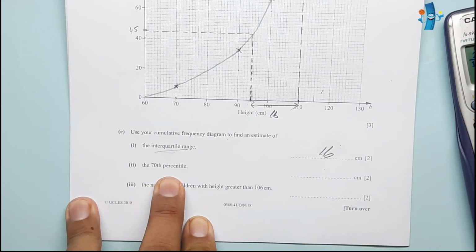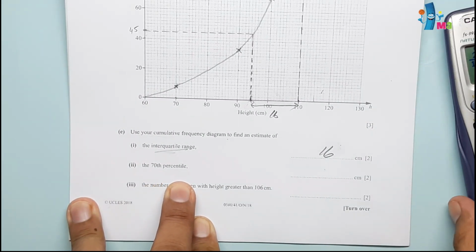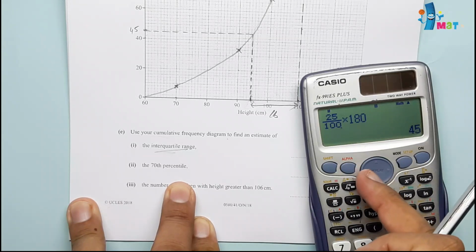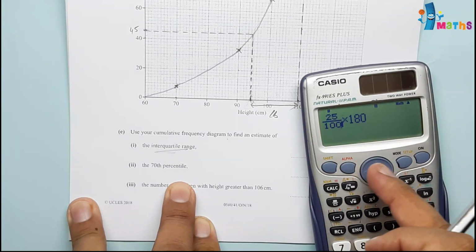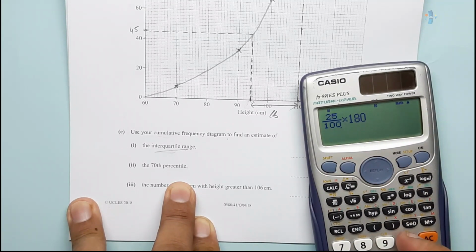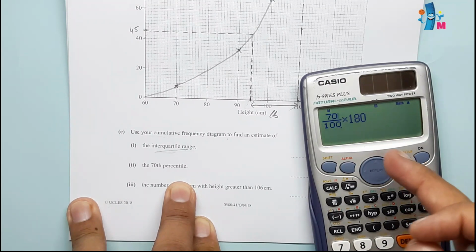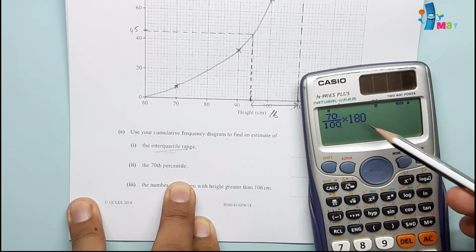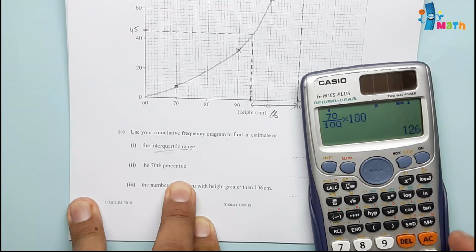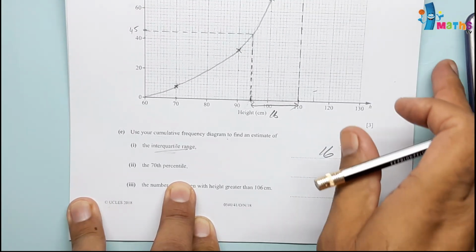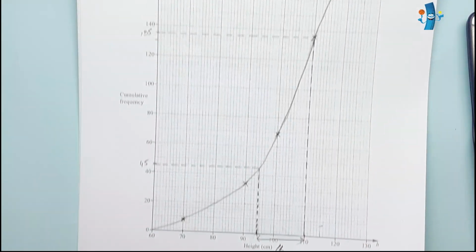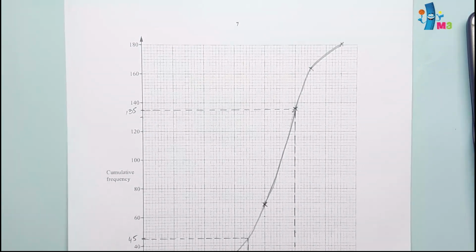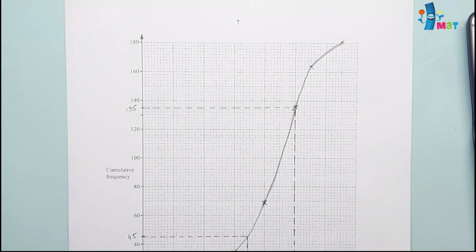Then they are asking for the 70th percentile. So the 70th percentile, we can calculate like 70 divided by 100 multiplied by 180. This will be equal to 126. So we will go to the 126 value and check the value for that one.